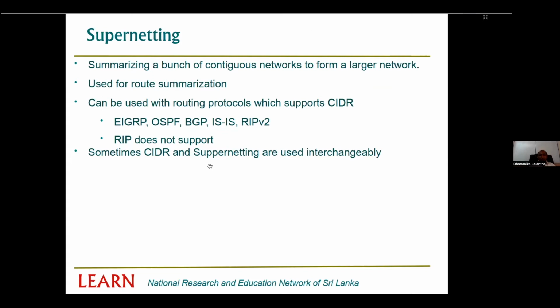Supernetting: some people use the terms supernetting and CIDR interchangeably. Supernetting is actually the same as CIDR, and it is summarizing a bunch of contiguous networks to form a larger network.